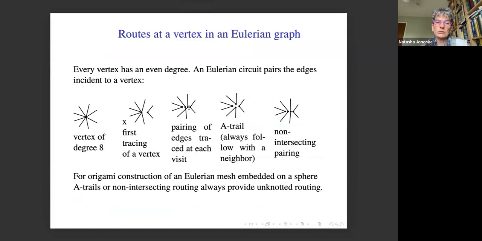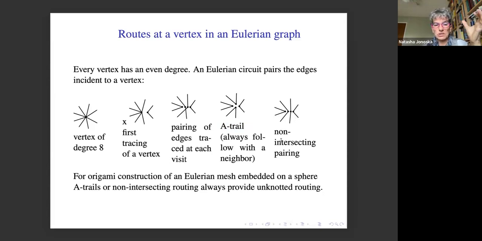The second one will pair two other edges, and so forth. So the pairing can be intersecting the edges, if I think about the rigid vertex, or they can be neighboring, which is often called an A-trail in topological graph theory, or they can be non-intersecting pairing, which is non-A-trail, but they're just non-intersecting.